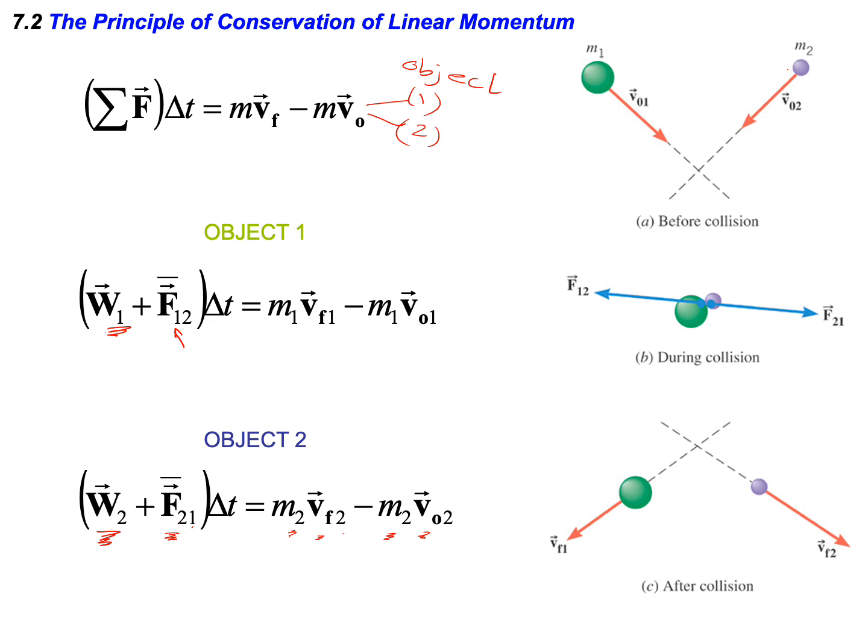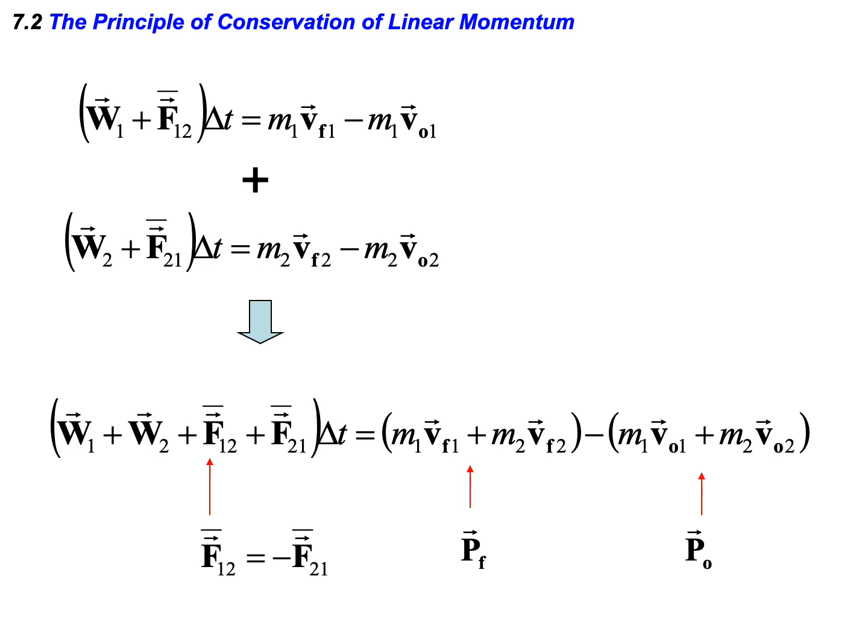So I'm going to rearrange this equation. I'm going to add this equation to the second equation. When I add these two equations, I have the external forces F1 plus F2, and the force on 1 by 2 plus the force on 2 by 1.